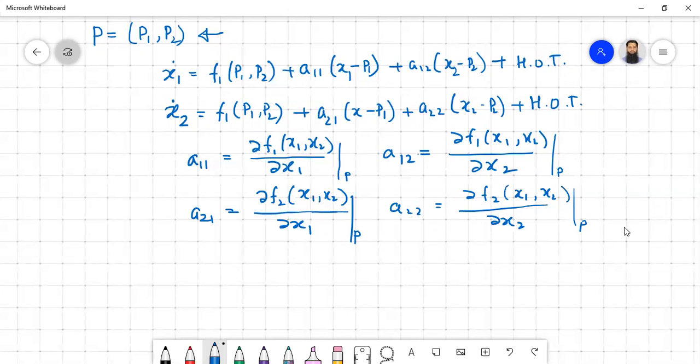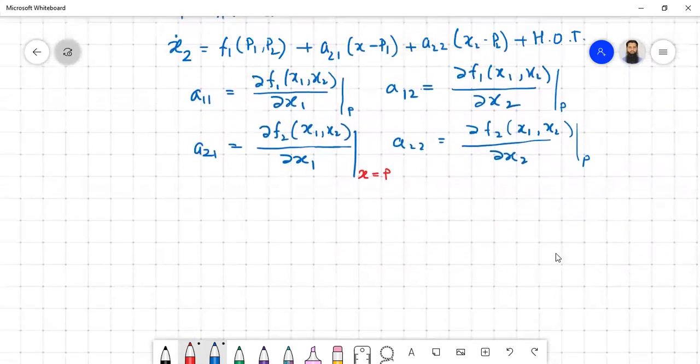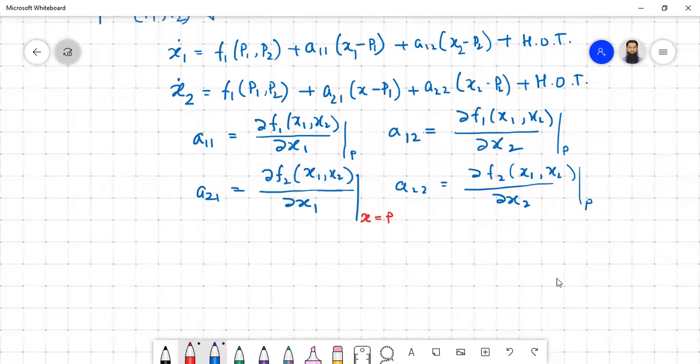Now, instead of writing P, you can also write the point like this: x, which is x1 and x2, equal to P, which is P1 and P2. Since P1 and P2 is an equilibrium point, f1 of P1, P2 and f2 of P1, P2 have to be equal to 0.